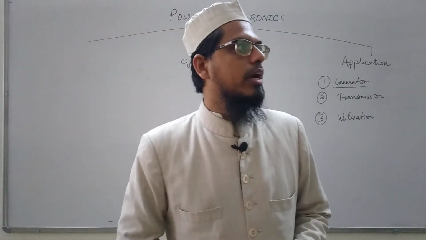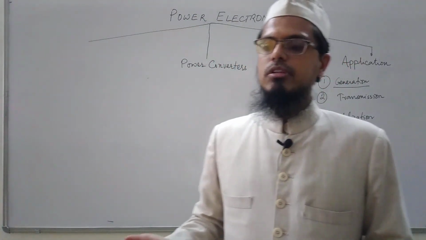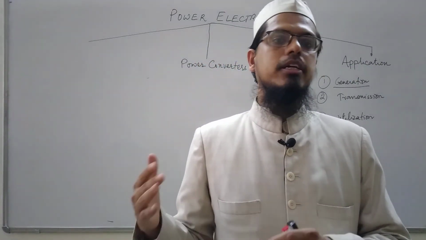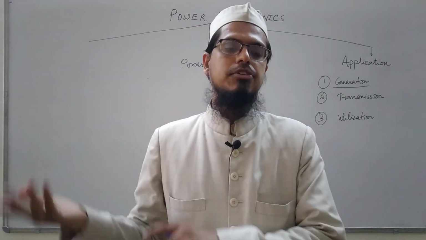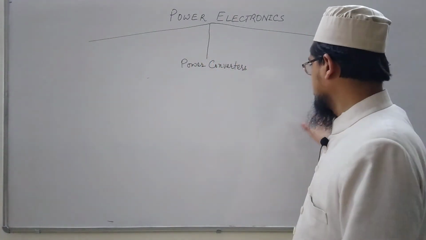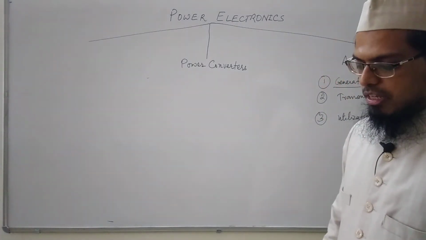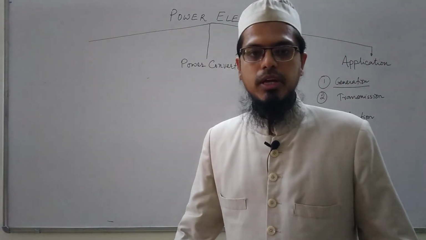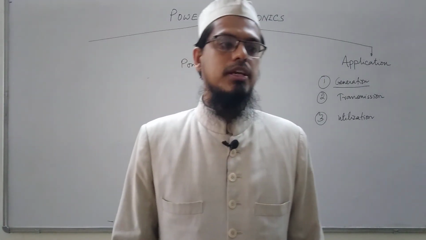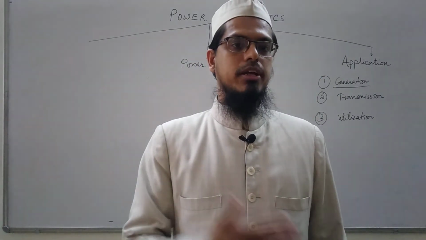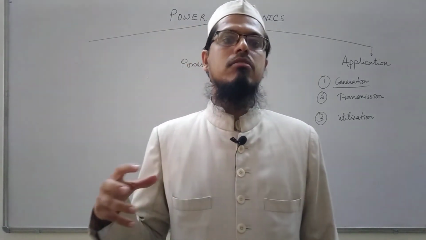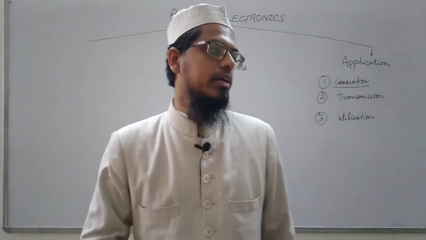Okay. And similarly in case of wind power generation, the voltage level that is generated is lesser, we have to enhance it, then we can feed it to the grid. So again the converter comes into the picture. Similarly in transmission, we have HVDC coming in a big way, high voltage DC transmission, and in HVDC transmission we have a rectifier station and an inverter station wherein power electronic converters and devices are employed.